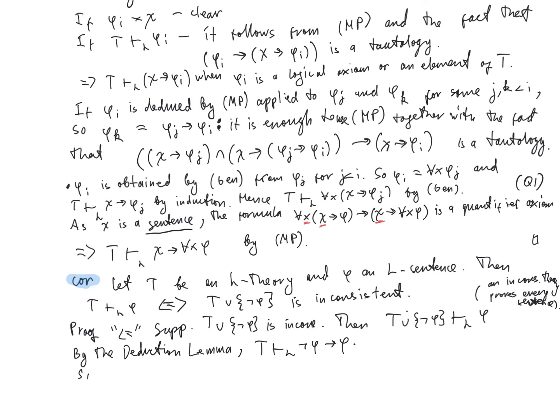But since we have that the negation of φ implies φ is a tautology, by modus ponens we get that T proves φ.